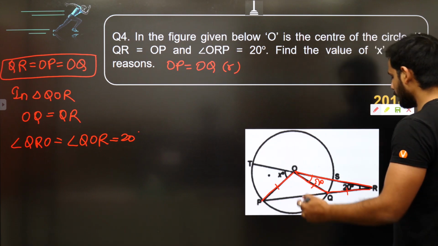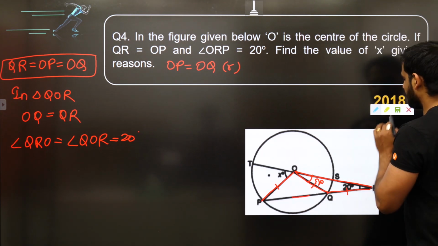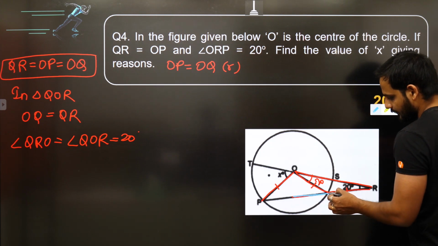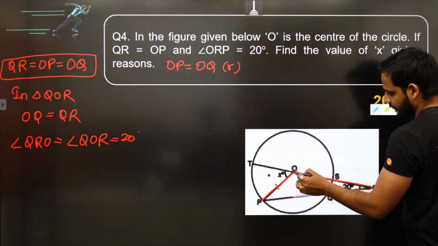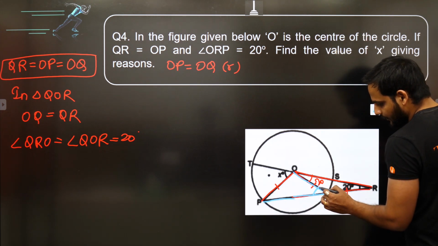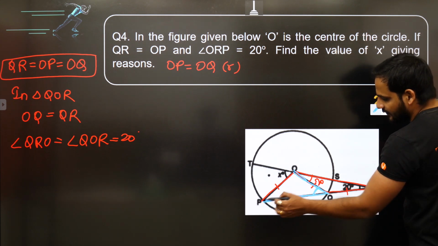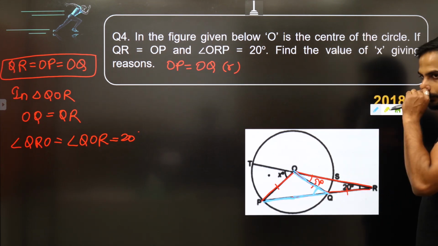Now if these two angles are 20 degrees, beta, you can see that this angle PQO is acting as an exterior angle for this triangle QRO.